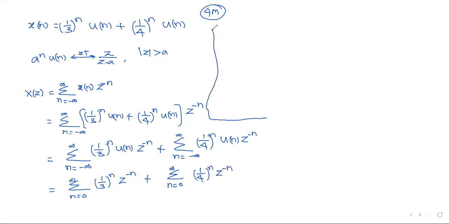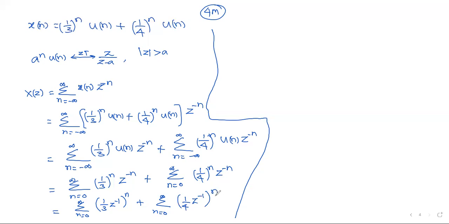Now if I write this here, summation n equal to 0 to infinity (1/3 z^(-1))^n plus summation n equal to 0 to infinity (1/4 z^(-1))^n.